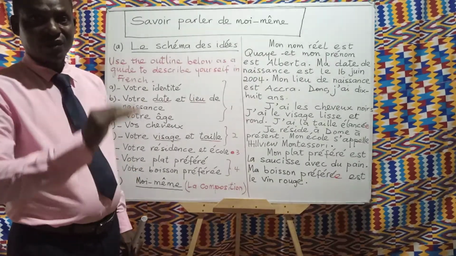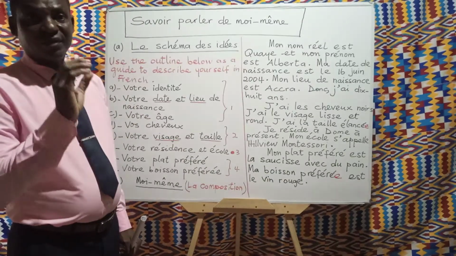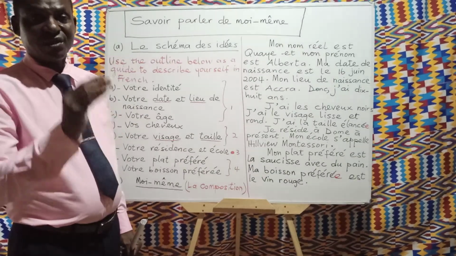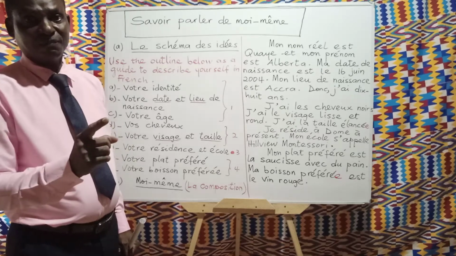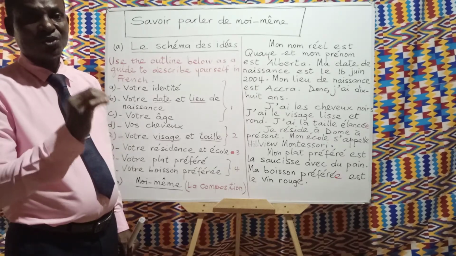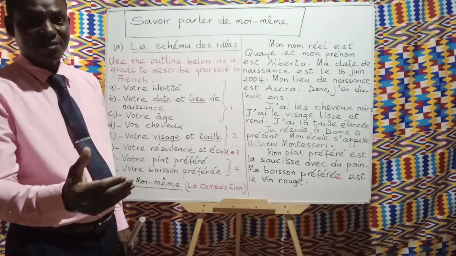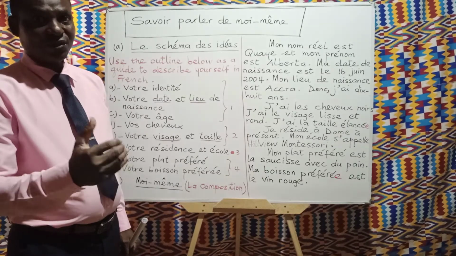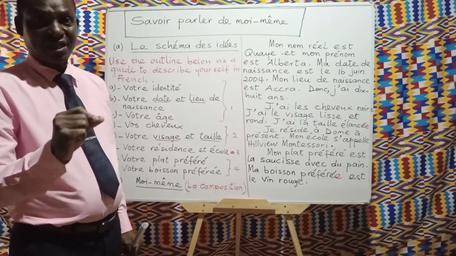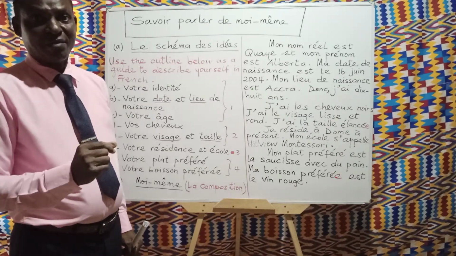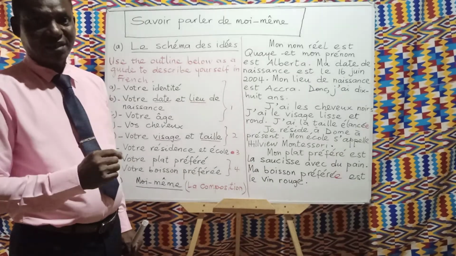You have your real name, that is to say, your family name or your surname. Then you have to talk about the other names. All right? So if I am Gladstone Abbey, my surname will be Abbey and my other name will be Gladstone.